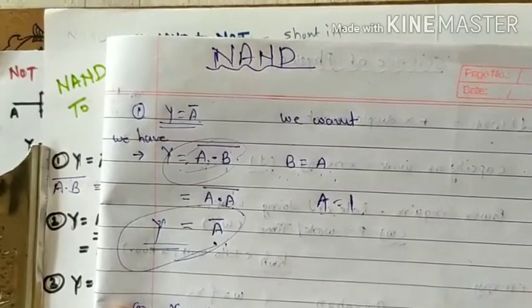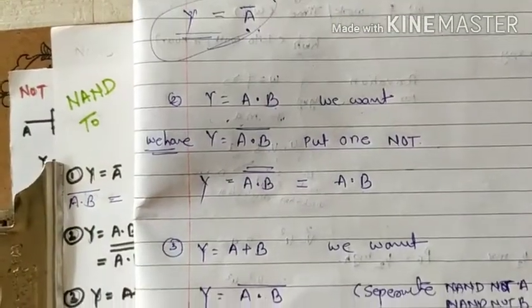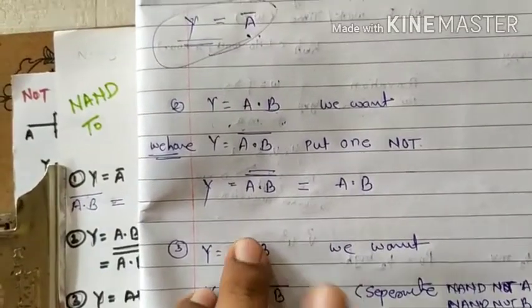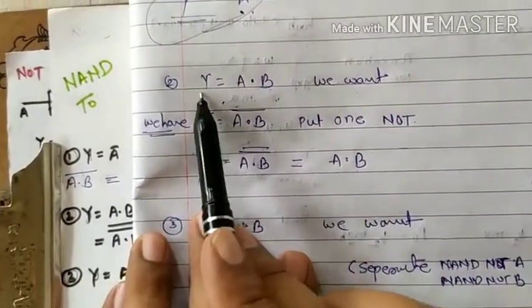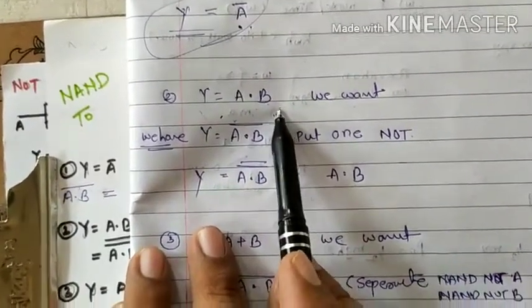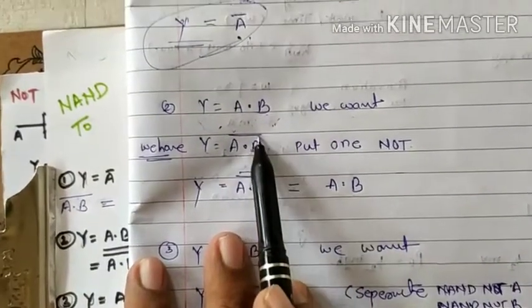Okay. So see the next. Next we have to convert NAND gate into AND gate. So we want y is equal to a into b, which is an AND gate. But we have NAND gate, y is equal to a into b bar.